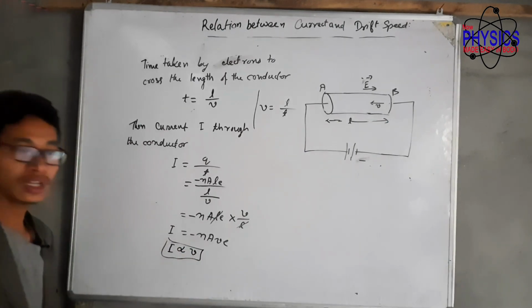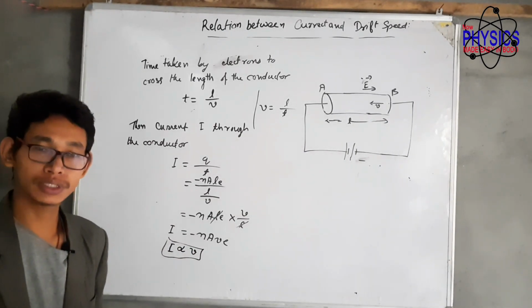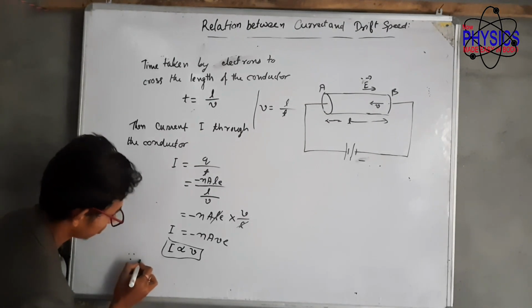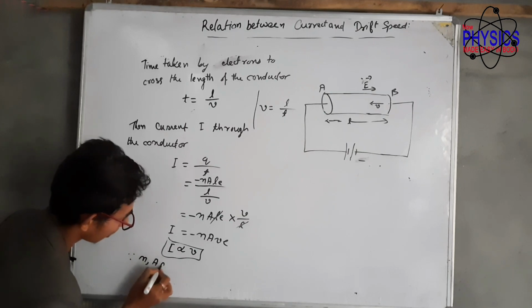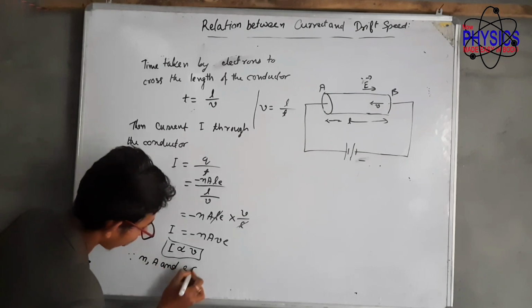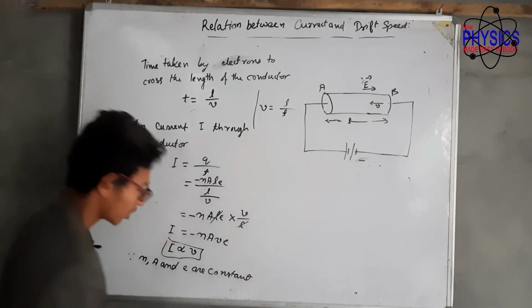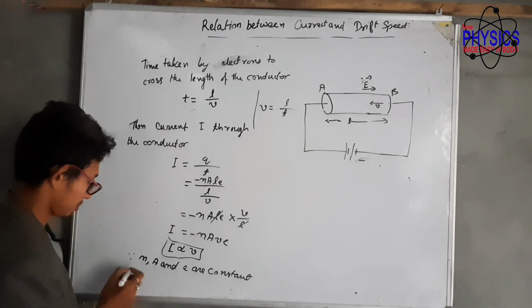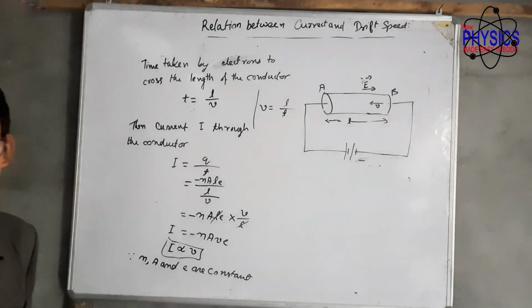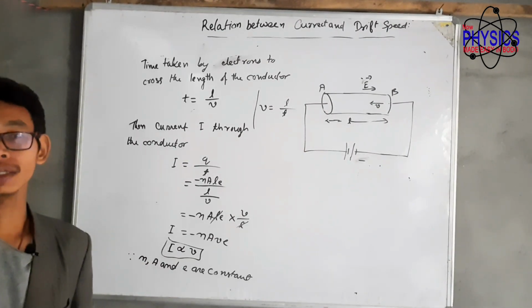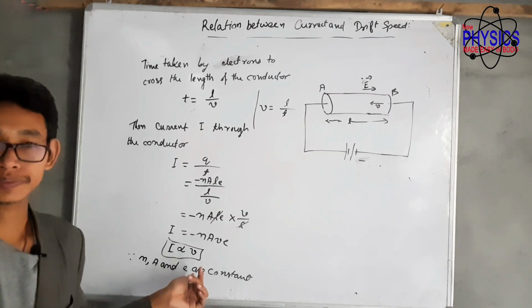This is the relation between current I and drift velocity, since N, A, e are constant. Understood? So this is the relation between current I and drift speed. Clear?